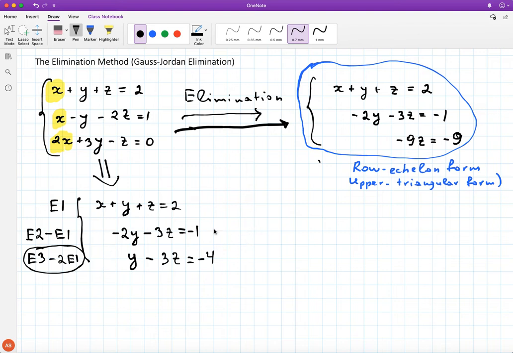And our next goal is to work with the second and third equations and eliminate the y variable or z variable, but we will proceed with eliminating the y variable to obtain an equation that contains only the z variable. My next step is not necessarily a very important step, but it's helpful to switch equation 2 and equation 3.